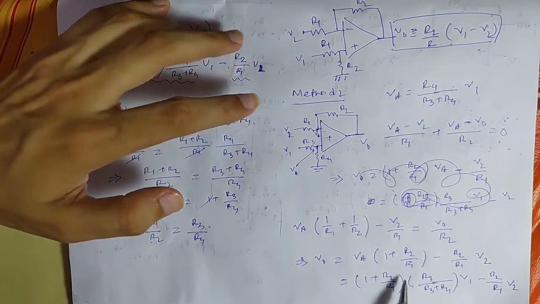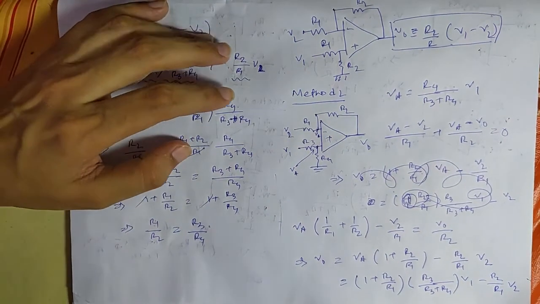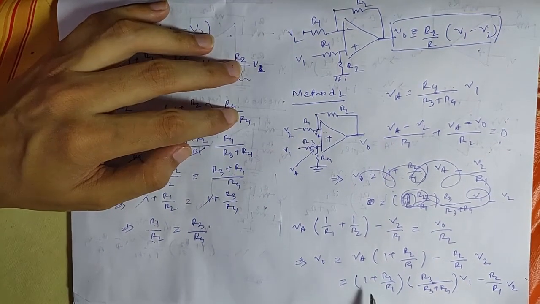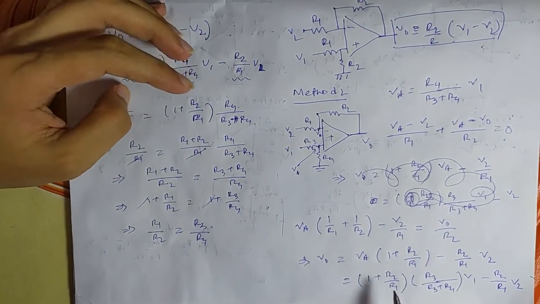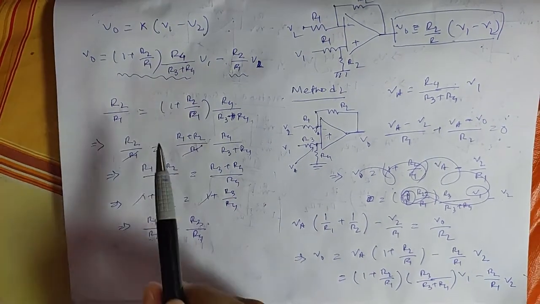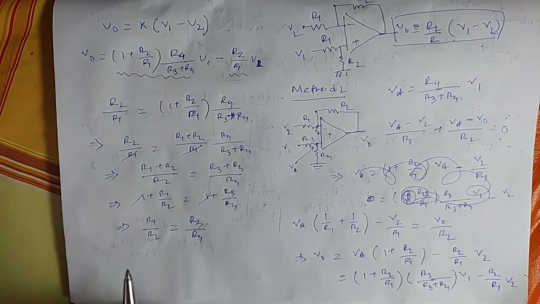So we can achieve the same result using this method. And we can simplify this circuit once again to achieve V0 equals K times V1 minus V2.